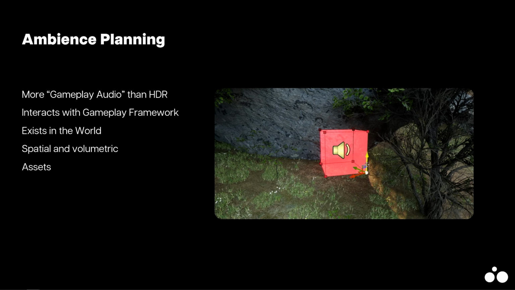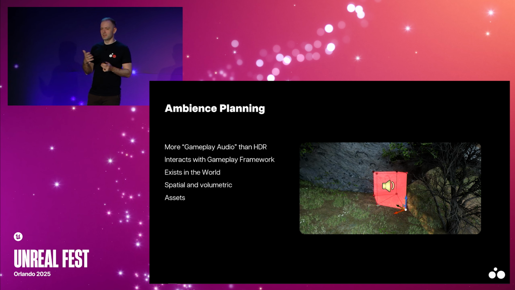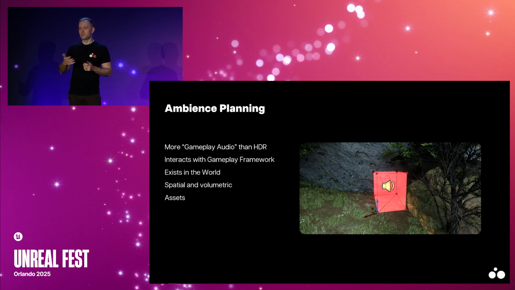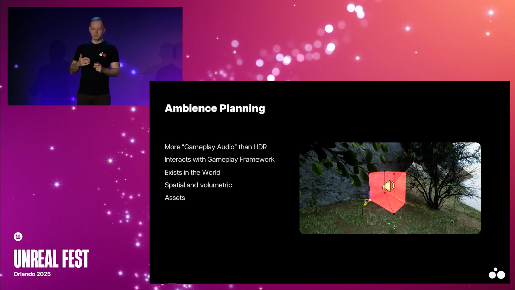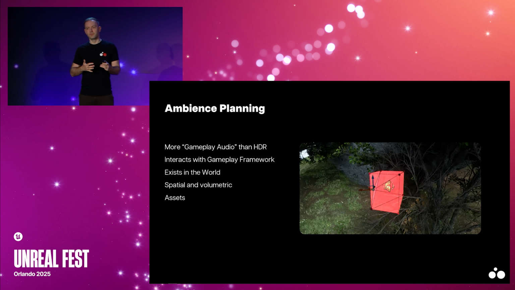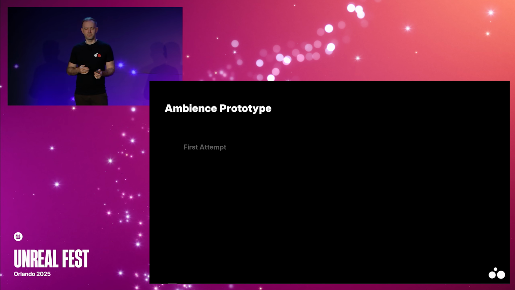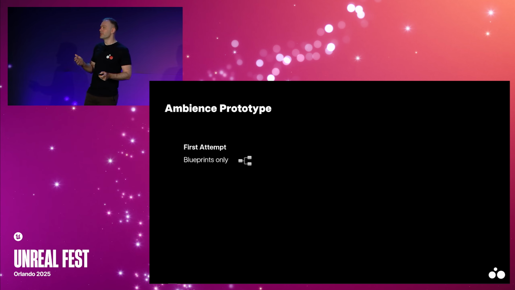We also realized we'd need to create asset types to manage the complexity of this system and make use of them at runtime in various different contexts. And so we'd probably need to work with some different extension points, along with some familiar ones that we knew from HDR.